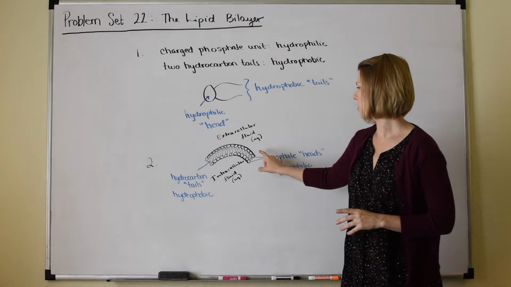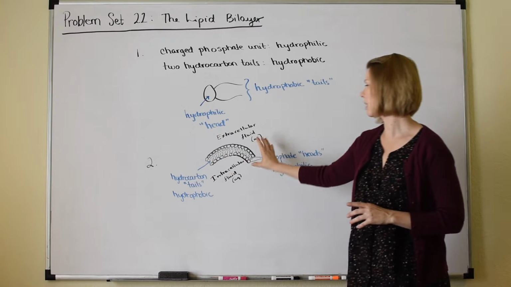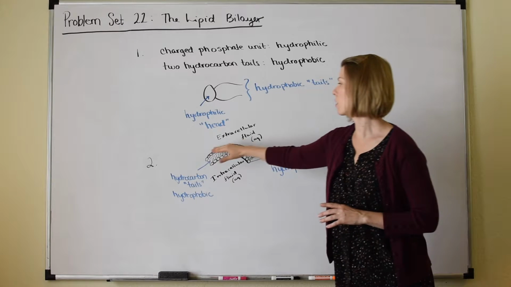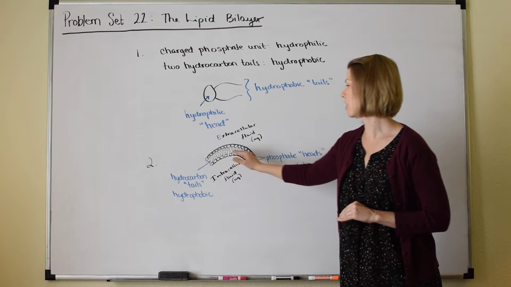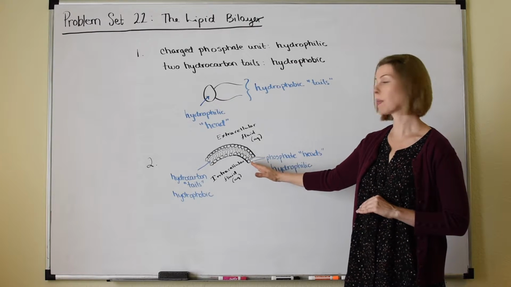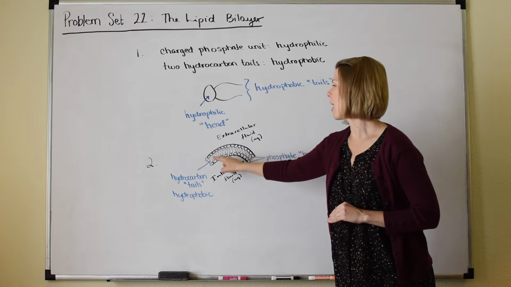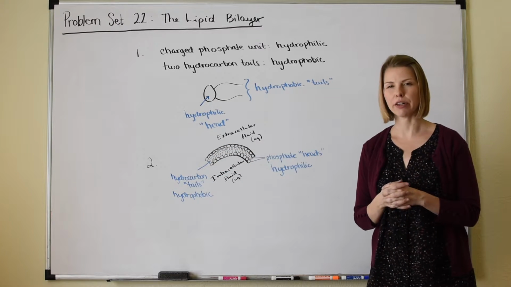All right, so 2 sections labeled as hydrophilic, that is one facing the extracellular fluid, which is the phosphate heads, one facing the intracellular fluid, which is the phosphate heads as well, and one region is labeled as hydrophobic, that is the middle region, which has all of your hydrocarbon tails.